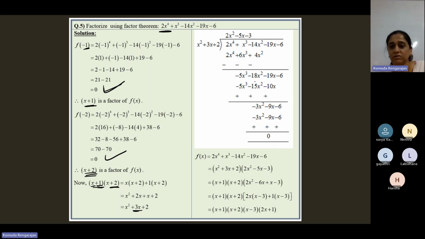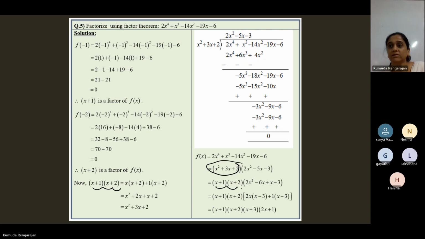Then long division. You get a quadratic quotient. Division: this is the dividend, this is divisor into quotient. This one, don't factorize again. You already have the factors. What are the factors of this divisor? Here, x plus 1, x plus 2. So put that. We multiplied these two to get this.